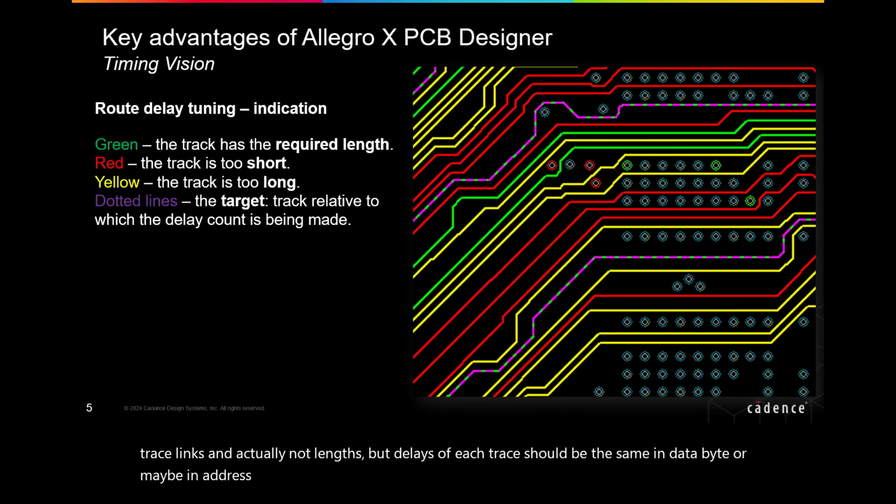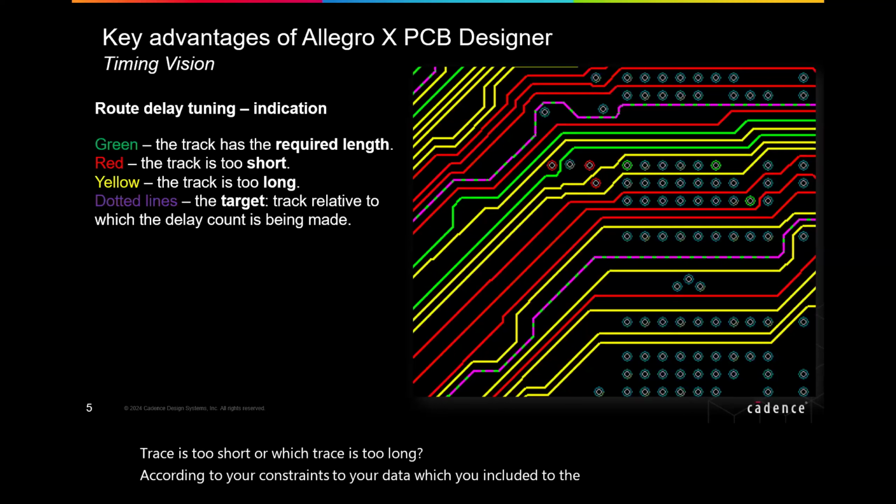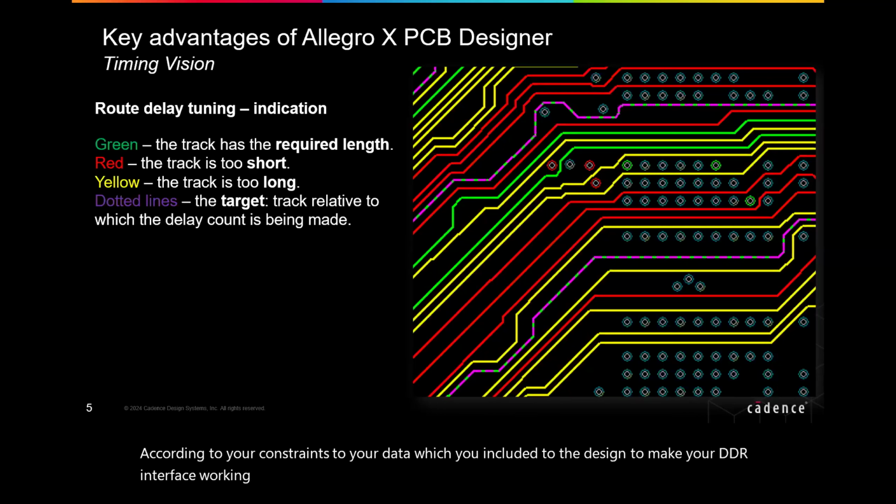Cadence Allegro can show you with this functionality which trace is too short or too long, according to your constraints, to make your DDR interface work correctly.